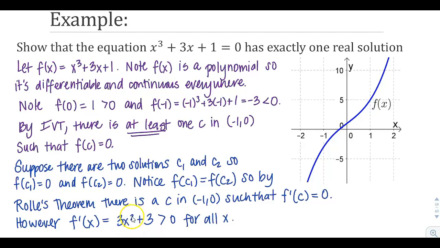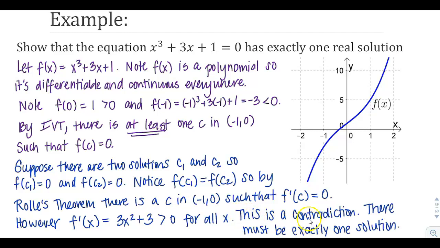If I square it, that makes it positive, and then I add 3, it's definitely positive. So that means that f prime of c can never equal 0. So we found our contradiction. So we simply write this is a contradiction, and there must be exactly one solution.